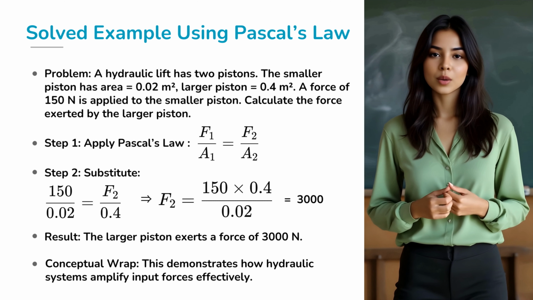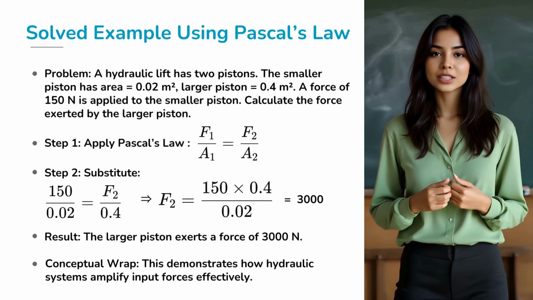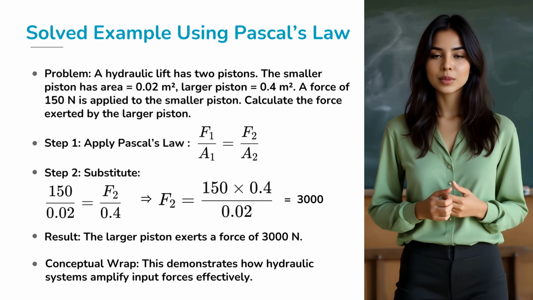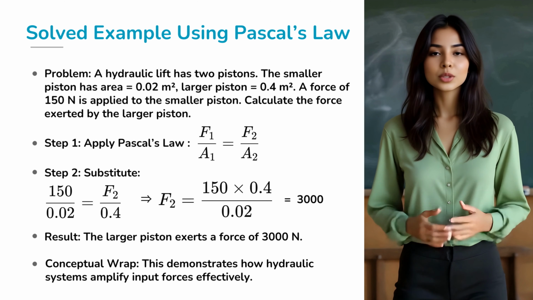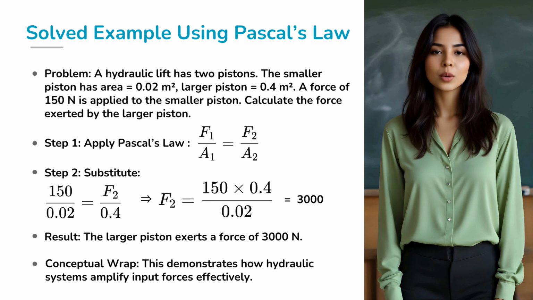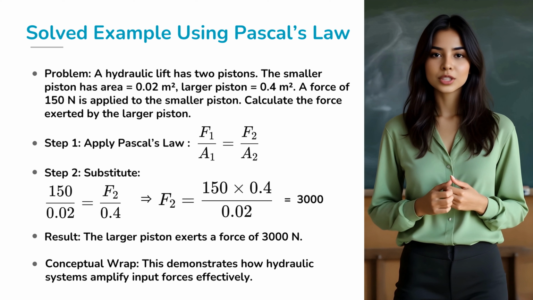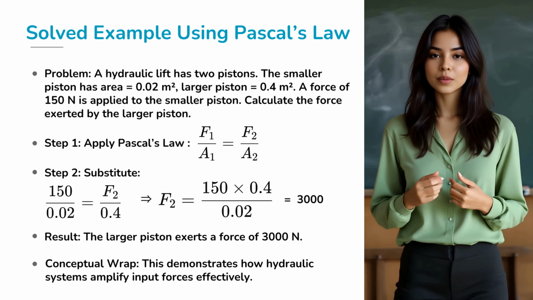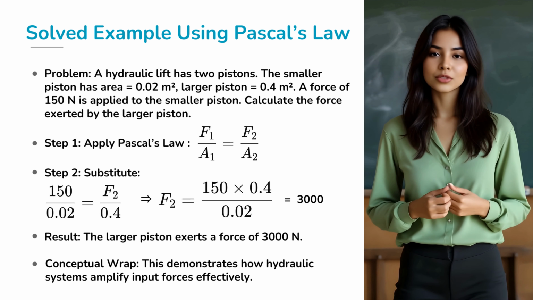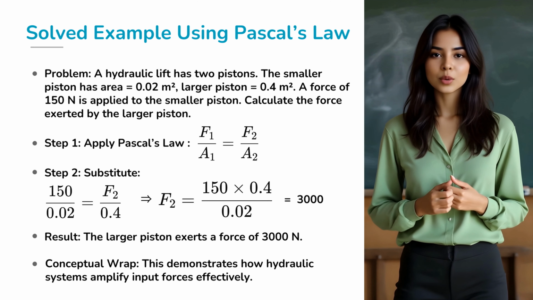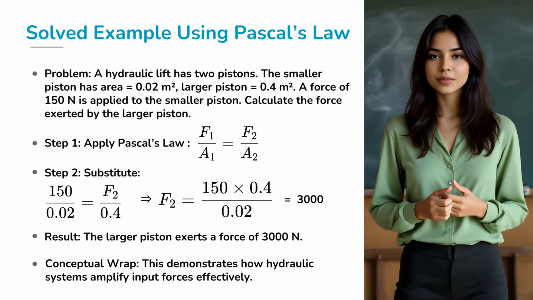Substitute the values, 150 divided by 0.02 equals F2 divided by 0.4, cross multiplying gives F2 equals 150 times 0.4 divided by 0.02, which equals 3000 newtons. So, by applying just 150 newtons, we get 3000 newtons on the output. That's Pascal's law, turning small input into mighty output.